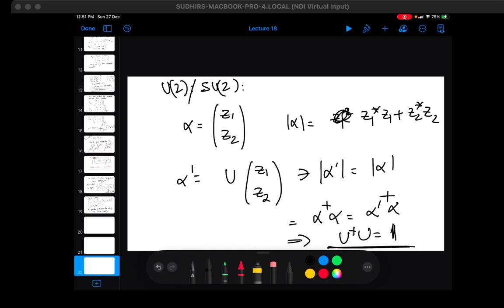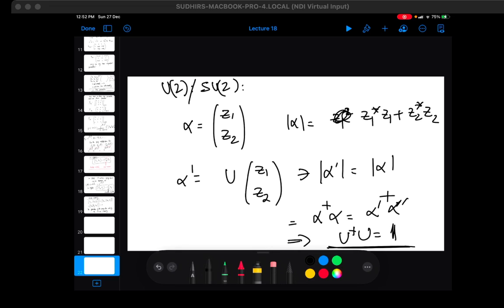So everybody got this, that I wrote it down as alpha prime, and the length of the vector I wrote in terms of alpha dagger alpha. It is essentially the modulus of the complex vector.